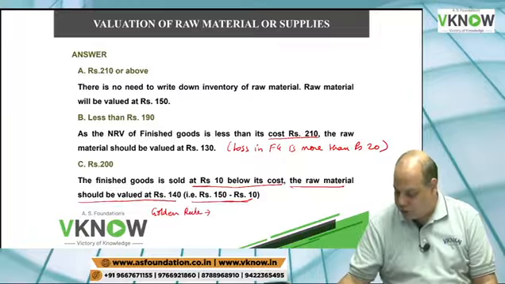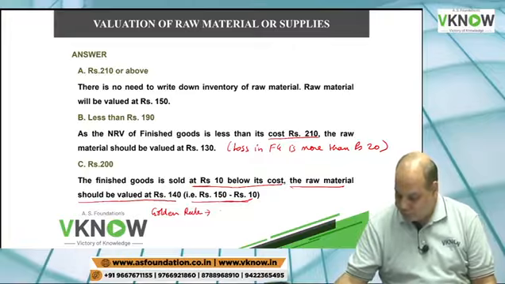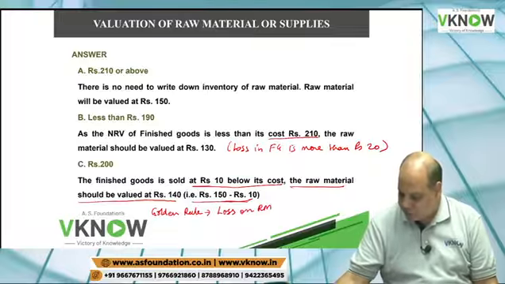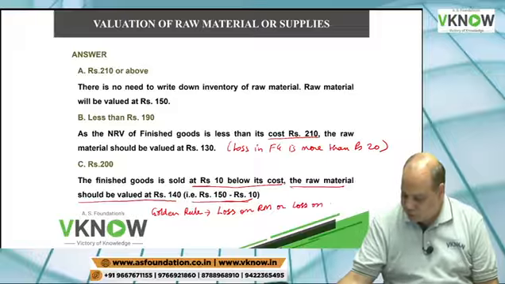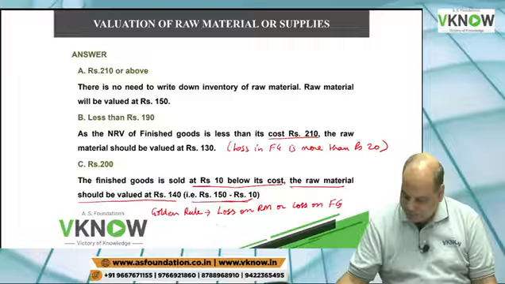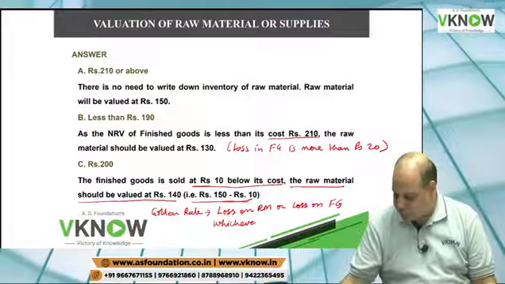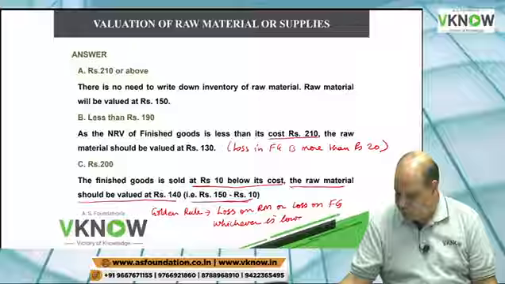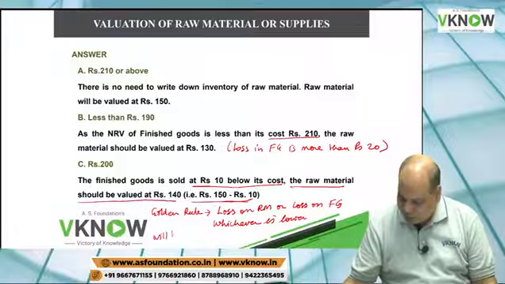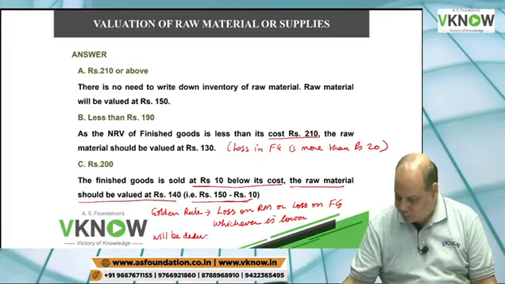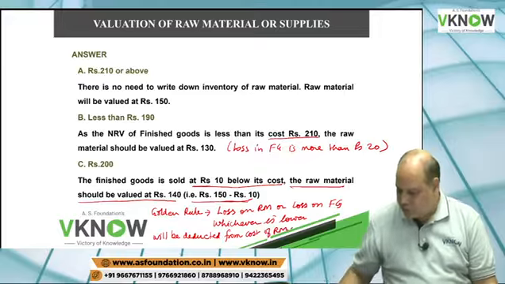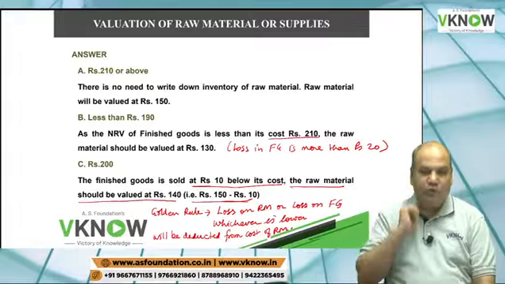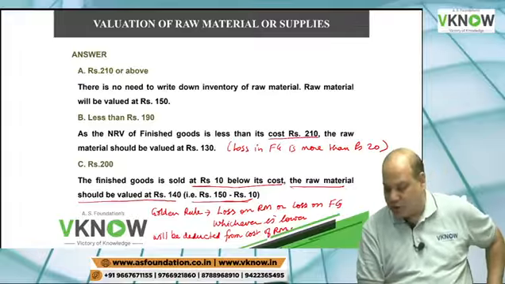Golden rule for raw material is loss on raw material or loss on finished goods, whichever is lower, will be deducted from the cost of raw material.